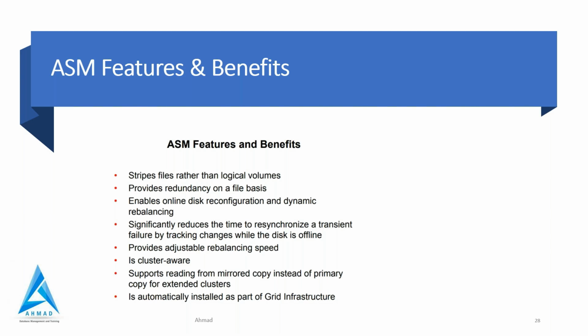Now, ASM features and benefits, that is very important. So the first thing is that it stripes files rather than logical volumes. So what does it mean? Can anyone tell me?